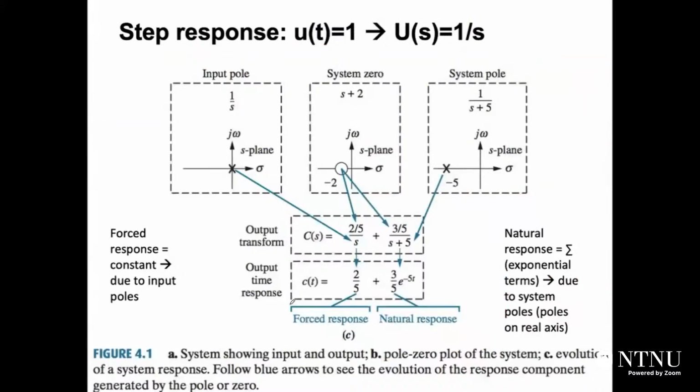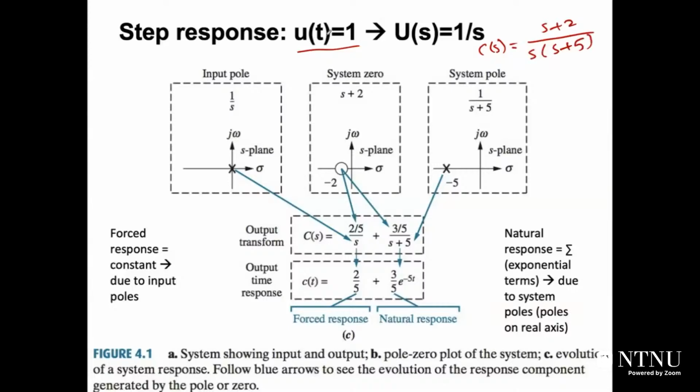So for the step response, when u(t) equals 1, which is the step input, in S domain it will be 1 divided by S. And we call it input pole, correct? Because when we try to find C(s), it will be something like S plus 2 divided by S times S plus 5.